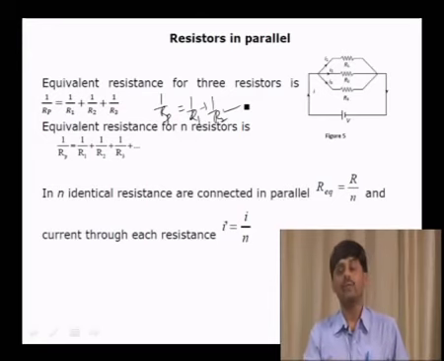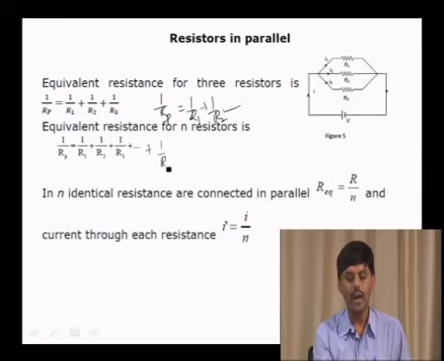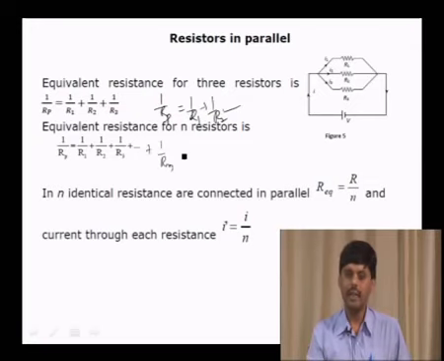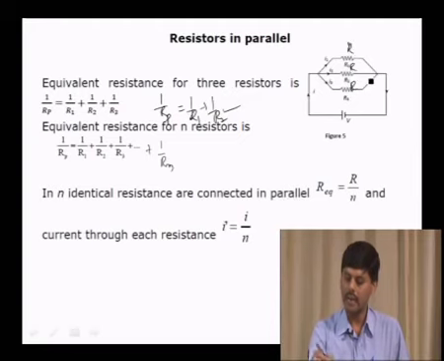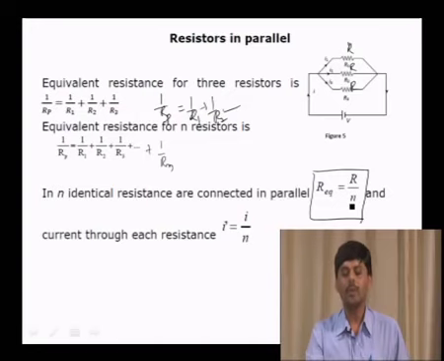If it consists of n number of resistors, then the formula is 1 by Rp equal to 1 by R1 plus up to 1 by Rn terms. If all the resistors are equal to R, with n resistors connected in parallel, then the effective resistance is equal to R by n. Suppose you are considering 2 ohm resistors, 10 of them connected in parallel.